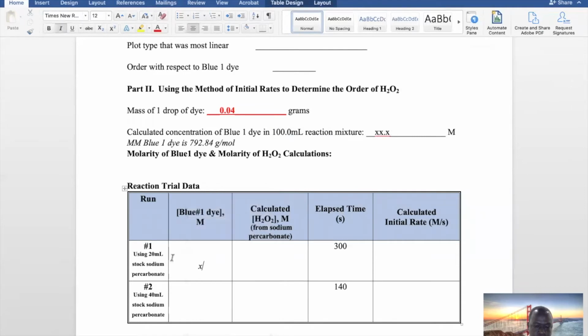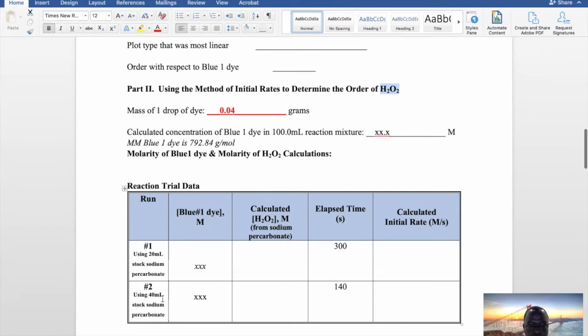It's the same thing because we don't change the concentration of the blue dye in part 2. Now, remember we are going to determine the reaction order, which means the concentration of peroxide should be changing.